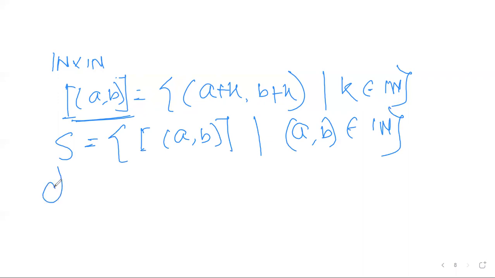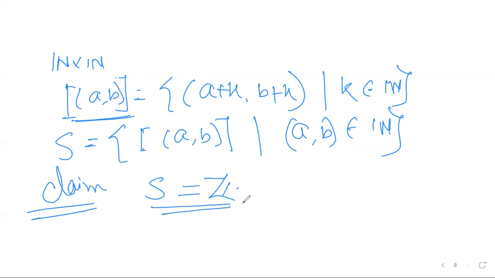My claim is that S is my Z set. You will question me why. If I correspond -1 in terms of this equivalence class, then you will believe me, right? And then you can construct all the negative numbers in the same way.